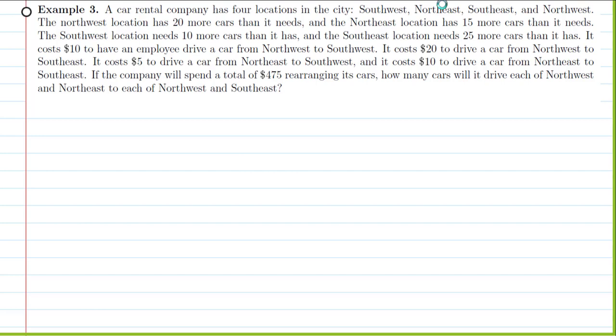It costs $10 to have an employee drive a car from northwest to southwest. It costs $20 to drive a car from northwest to southeast. It costs $5 to drive a car from northeast to southwest. And it costs $10 to drive a car from northeast to southeast.